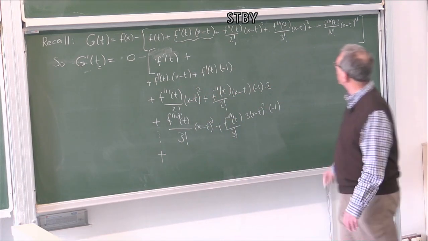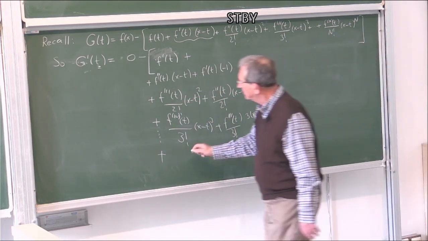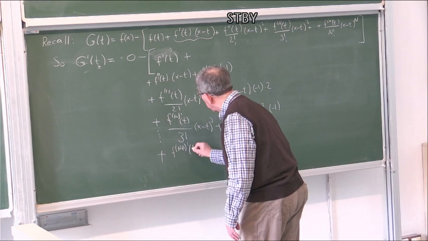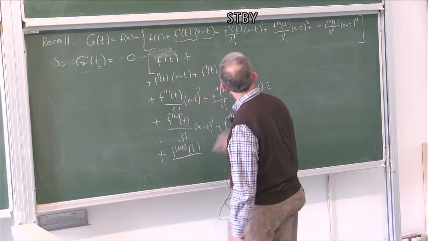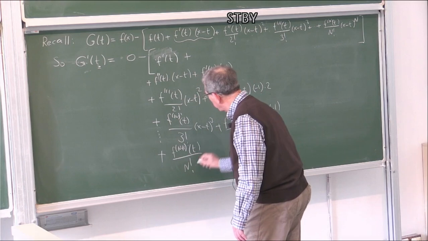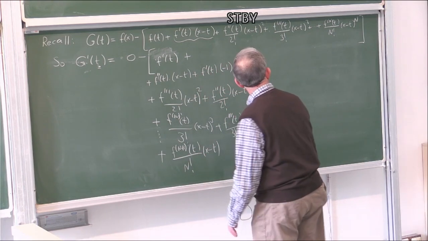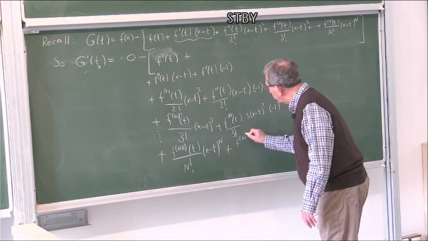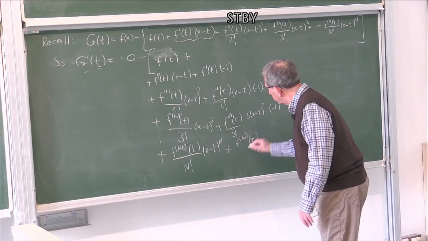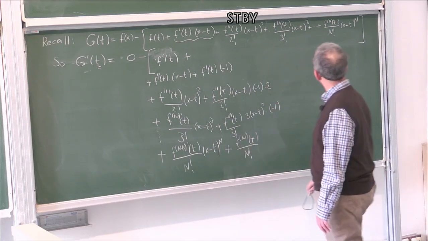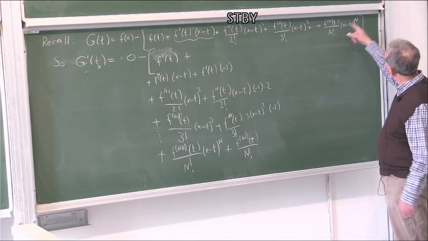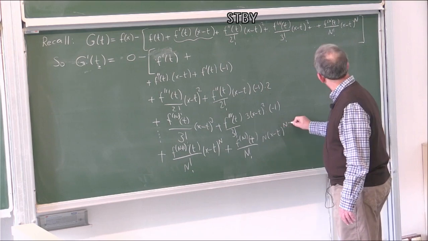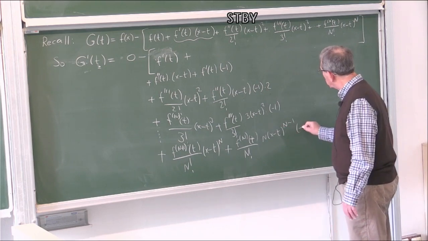The last term here gives us the n plus first derivative at t divided by n factorial times (x minus t) to the power n plus the nth derivative at t divided by n factorial, the derivative of (x minus t) to the n, which is n(x minus t) to the n minus 1 times minus 1.